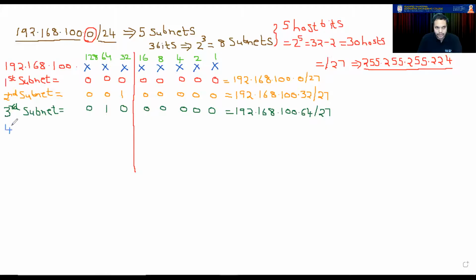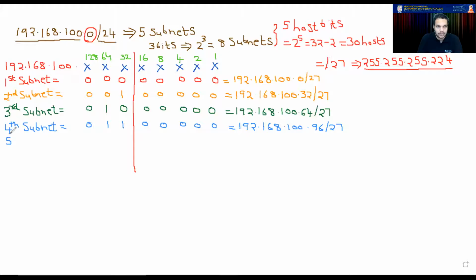For the fourth subnet, I will be getting 0, 1, 1, with all zeros again in these bit positions, which is equal to 192.168.100, how much? 96, 64 plus 32, /27. So these are the four subnets.